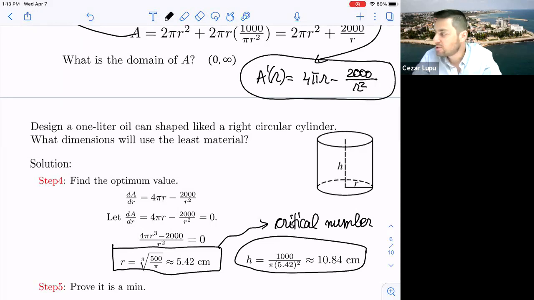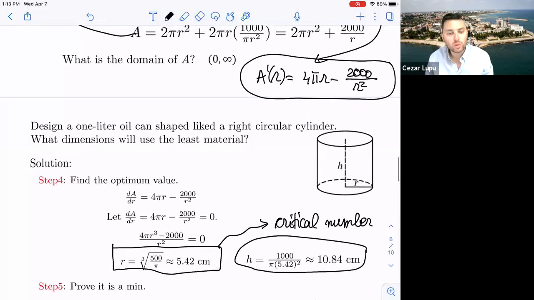Not quite. So what do we need to do to decide whether it's a min or a max? We'd like to see up to that point how. No, the double derivative will tell you about the concavity. Well, actually, you can do the second derivative and plug it in. Yeah, you're right. But anyway, we'd like to take the derivative of the function for values less than that critical number to see what's going on.